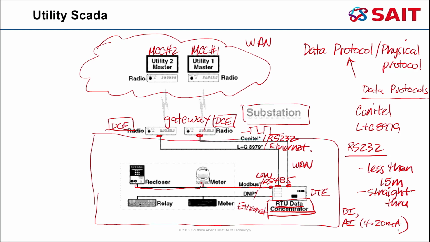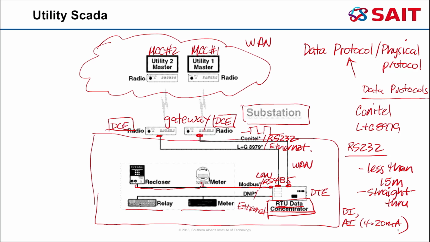And so that's an Ethernet connection. Therefore, we would look at maximum cable lengths of 75 meters and so on and so forth to connect our system. And we would have the RTU now speaking DNP protocol over Ethernet to gather data from these devices.